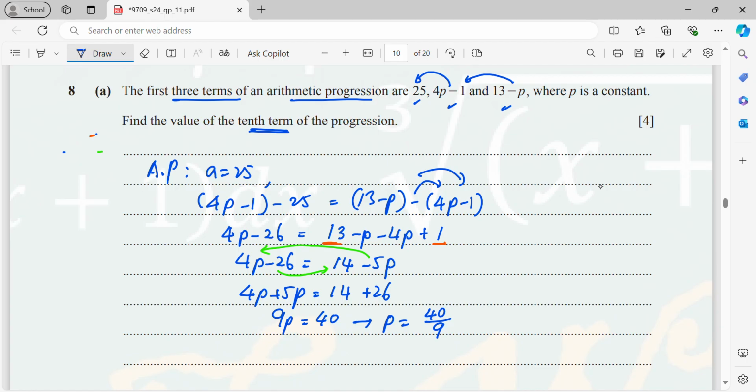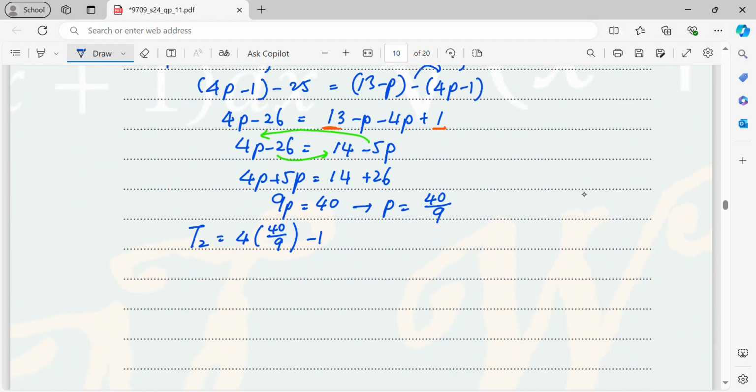Okay, so here I will just write my second term, t2 equals to 4p minus 1. Okay, then now this is going to be 160 over 9, so 151 over 9. That means now my d, common difference, d equals to t2 minus t1.